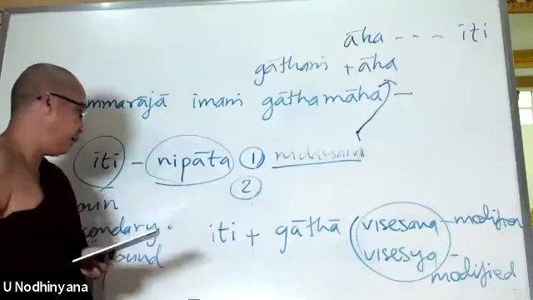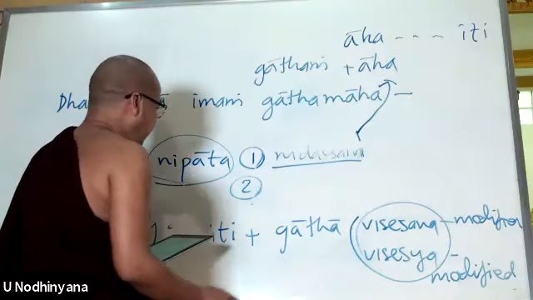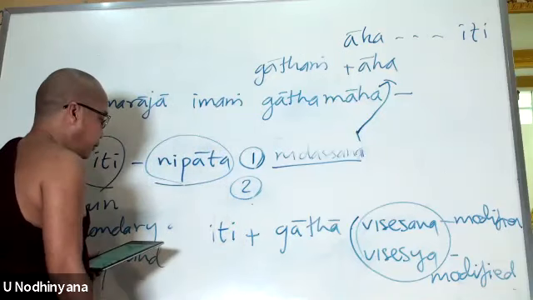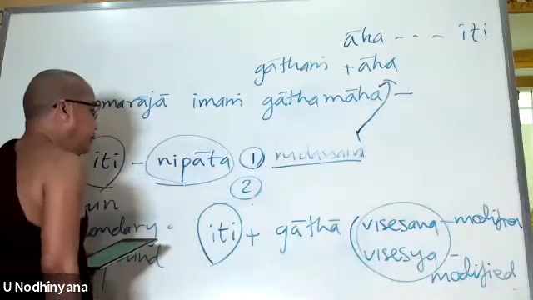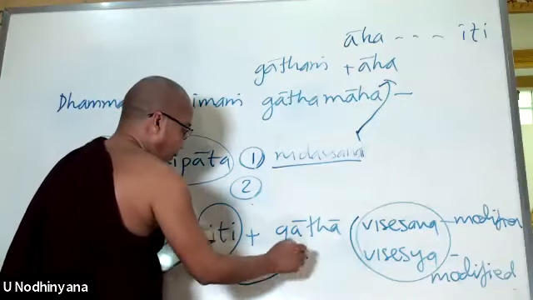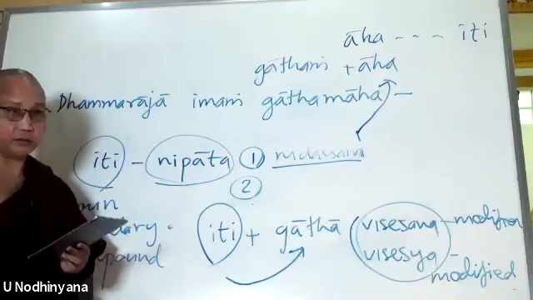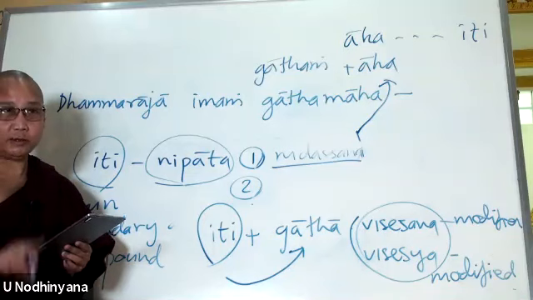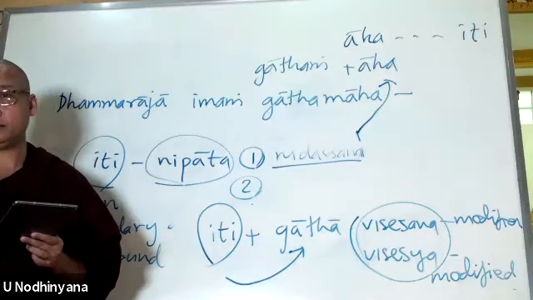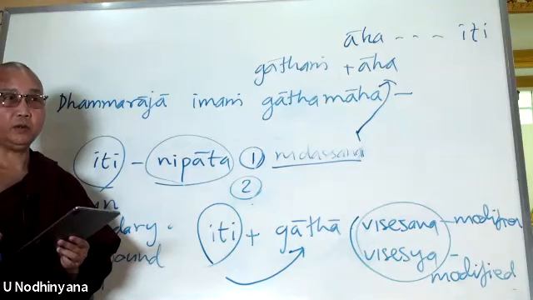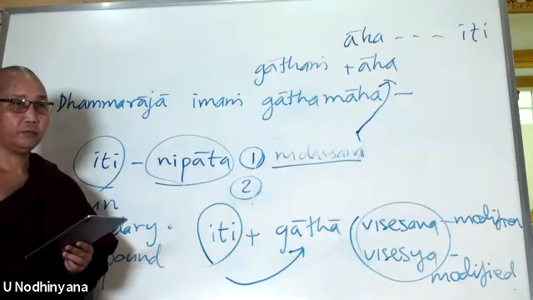At the end of the words Manobhavingama Dhamma Manosita Manomaya, you see Iti. This Iti is connected to the Gatha. So the Buddha said the verse, which is Manobhavingama Dhamma Manosita Manomaya, and so on.